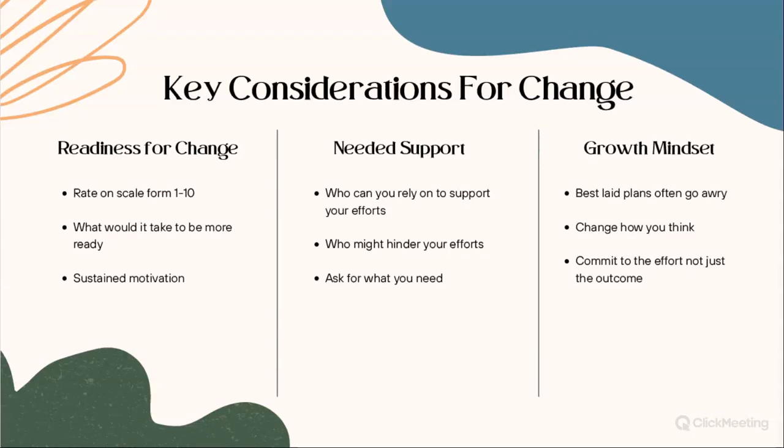There could be situations where, and it may not even be on purpose, if they're not quite on the same readiness scale as you are, you might notice that they say or do things that can diminish what you're doing, or even sabotage your efforts. So you want to think through, are there people like that around you, and how are you going to handle that situation to make sure that you stay on top of your goal?